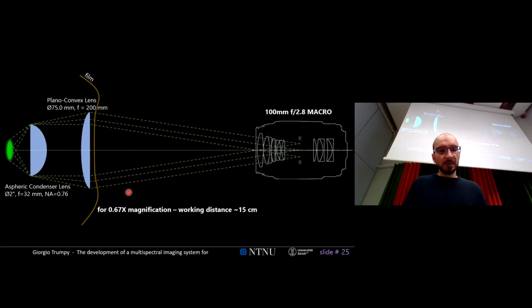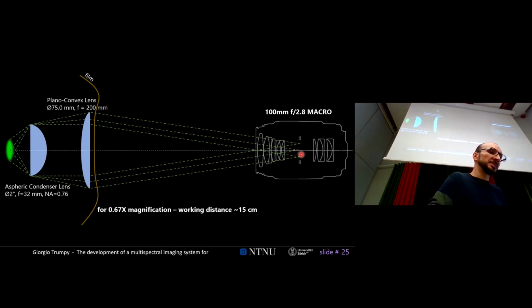Some words about the optical design. Very quickly, there are these two lenses that are creating the image of the exit of the sphere at the entrance pupil of the imaging lens.